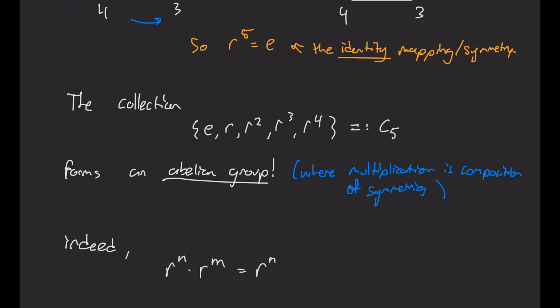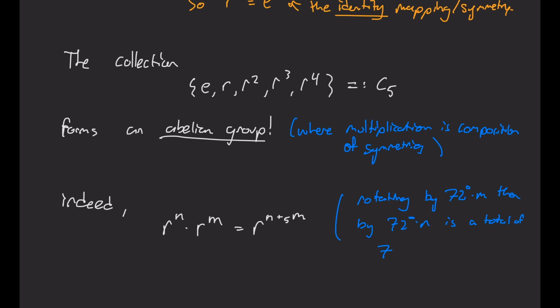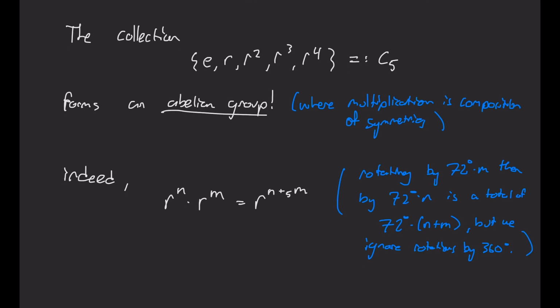So indeed, R to the n times R to the m is R to the n plus m, but reduced mod 5. In other words, rotating by 72 degrees m times and then n times is a total of rotating by 72 degrees n plus m times, but we can ignore multiples of 360 degrees. So we can reduce it mod 5, basically.